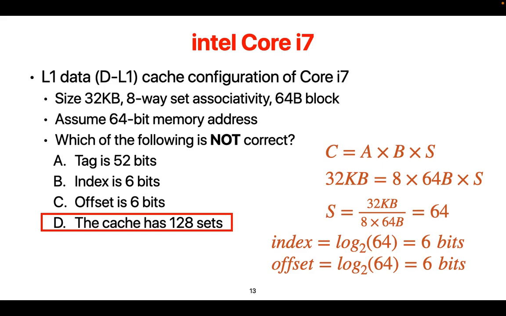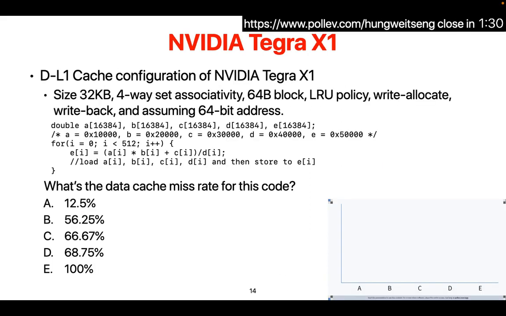Both processors are actually in production, and you can find those machines. Today we are going to have demos on these machines, but it's really important that you remember the C equal to ABS matrices and apply it in the code and in the problem that we are asking you. The first one, we will start with Tegra X1.